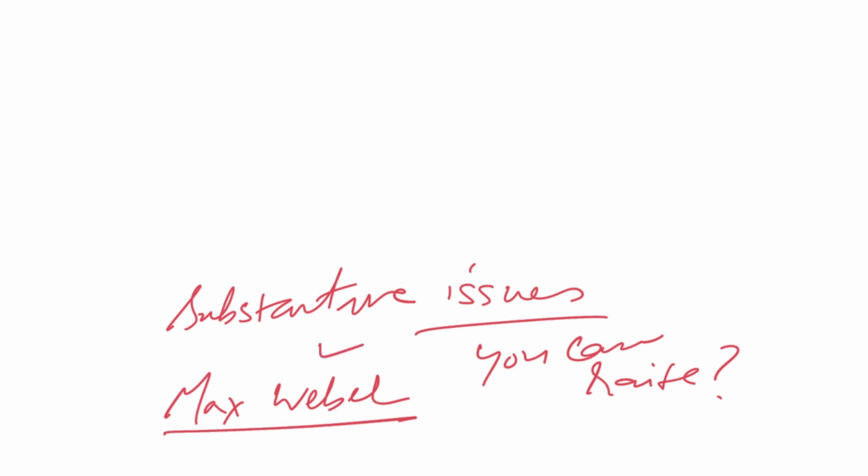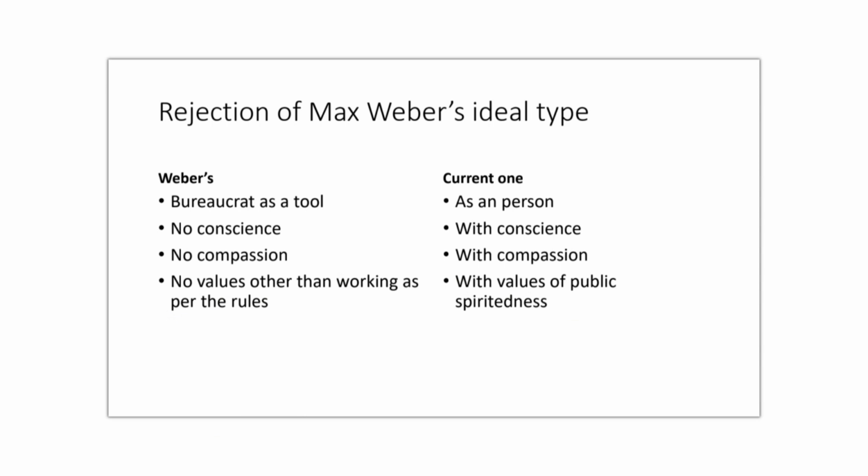What is Max Weber's ideal type, and how the present bureaucracy, instead of being modern, is seen differently. This is the rejection of Max Weber's ideal type.